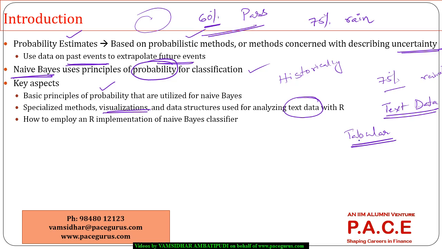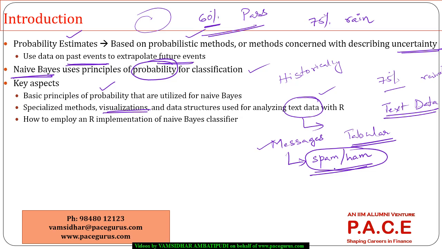But in case of text data analysis, we use it quite frequently, as one of the major applications. So I would like to take the example of text data, wherein we are looking at different kinds of messages. Historically, people have classified all these messages as either spam or not spam, which is ham. And based on this information, the historical classification was that every message has been classified as a spam or a ham.